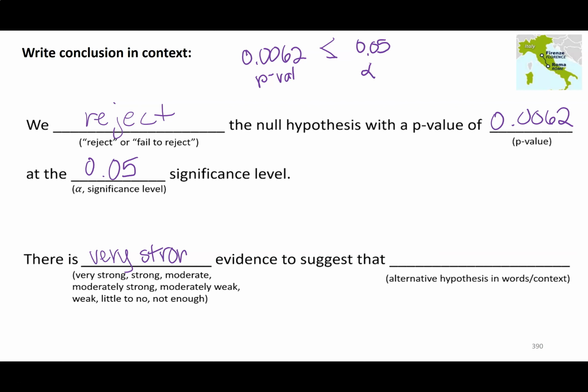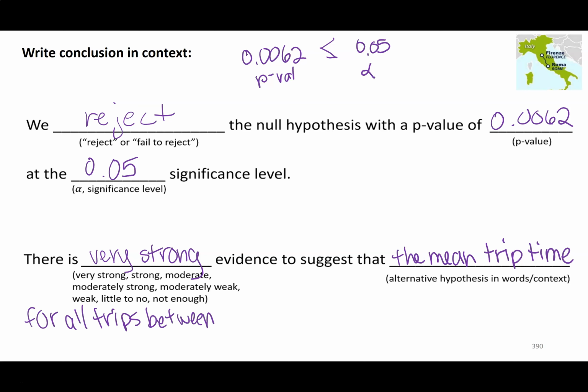So we have very strong evidence that, and now we have to put the alternative in context. It's not going to fit just in this blank spot, but the mean trip time, and then my population. So for all trips between Florence and Rome, and then I have to say, what did the alternative say? Oh, it's higher than.